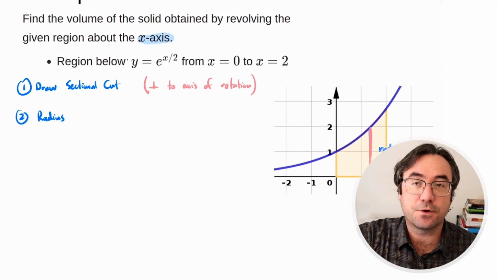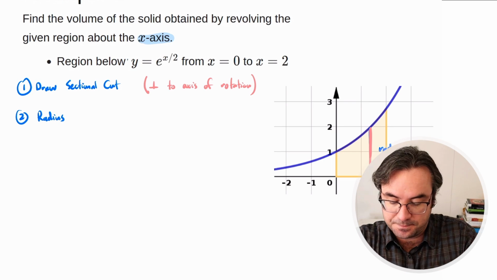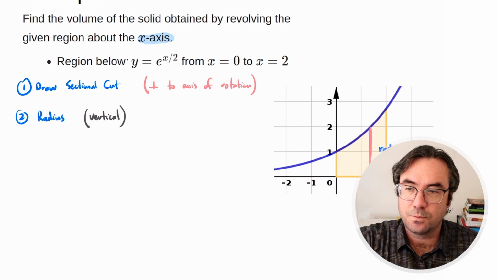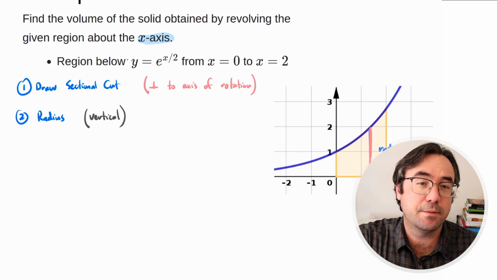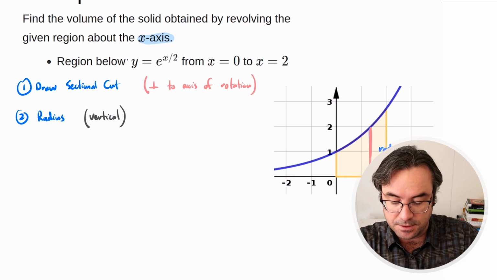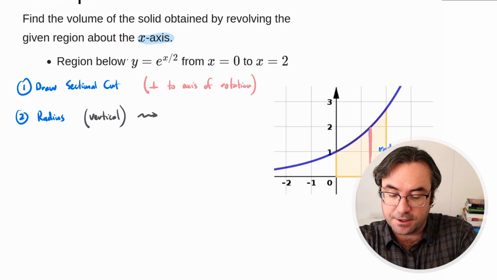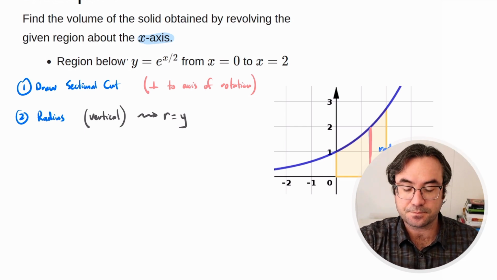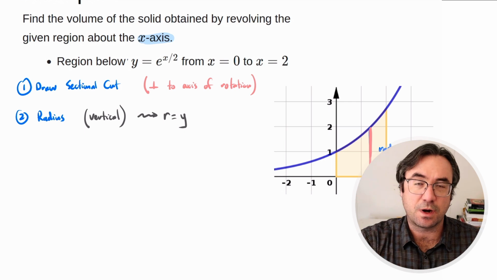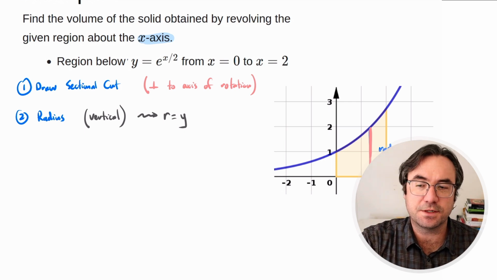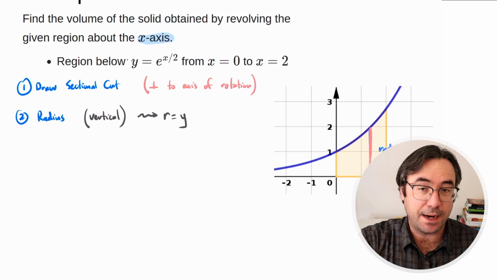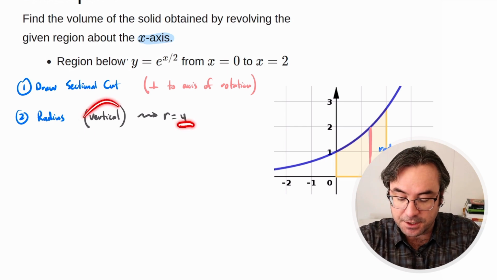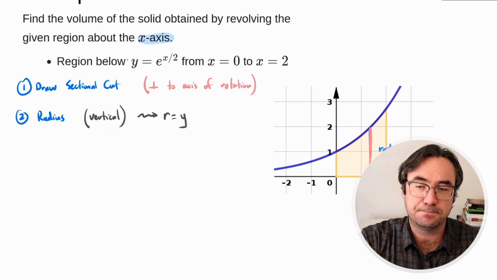When we talk about vertical distance, what we're really talking about is the y-axis. So vertical tells us that our radius is going to be equal to y. So our R value, the radius of our cross-sectional cut, is going to be y. And we know it's y because we're looking at a vertical line segment.